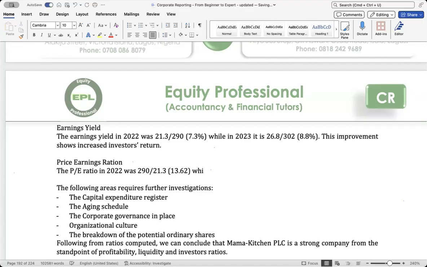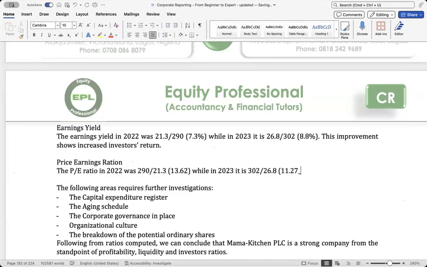While in 2023, that's 302 divided by 26.8. So how much is that? It is 11.27.